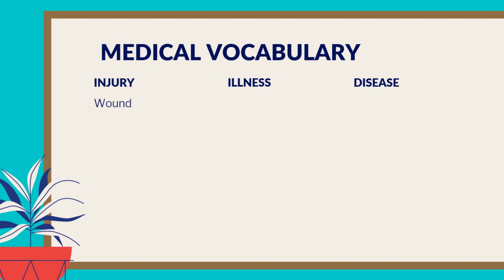But what about laceration? Well, this is a deep cut or tearing of your skin. It can come with bleeding, and it is most commonly caused by knives, tools, and those sharp things.